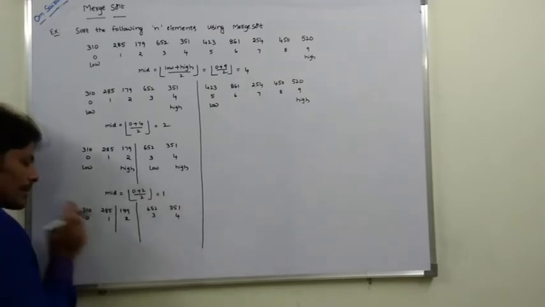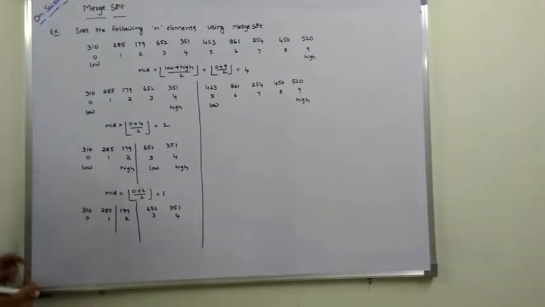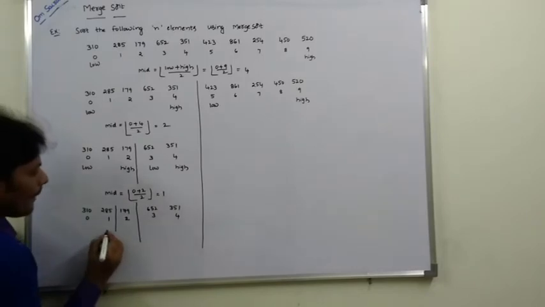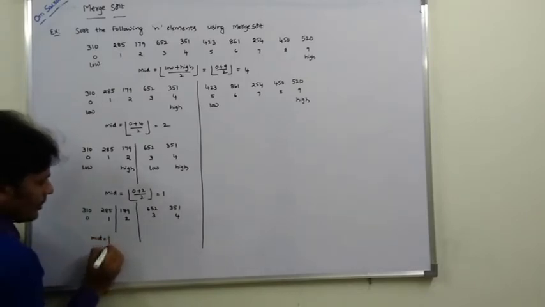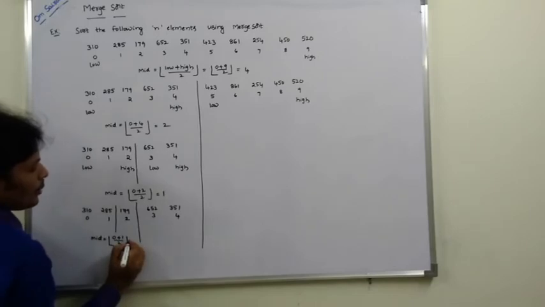Again, this first sublist contains 2 elements. So then the second sublist contains 2 elements. So then we have to take the mid value. So mid is equal to 0 plus 1 by 2. So that is 0.5.